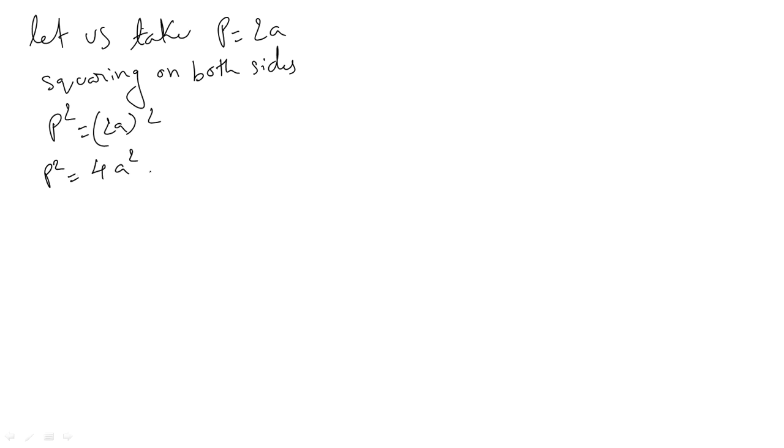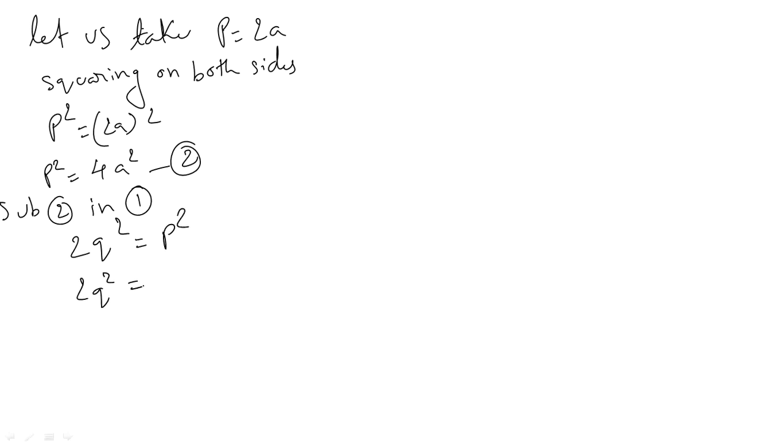Let's consider this as equation 2. Now substitute equation 2 in equation 1. Equation 1 is 2q square is equal to p square. Now 2q square is equal to 4a square. So a square is equal to 2q square by 4, which is a square equal to q square by 2.